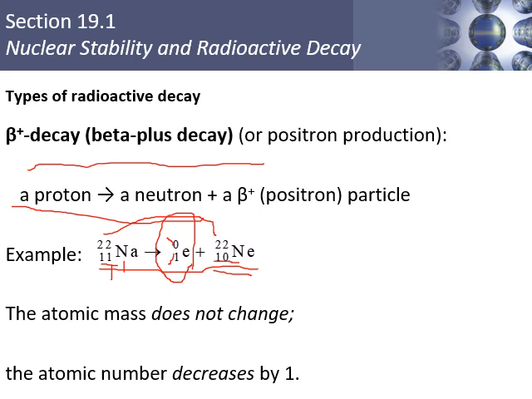Now, there's a problem with doing this, and that is that we said that neutrons are heavier than protons. So in nature, neutrons decay all the time into protons. But the opposite doesn't happen, because, if you want to think of it this way, it's kind of like endothermic. It requires energy.